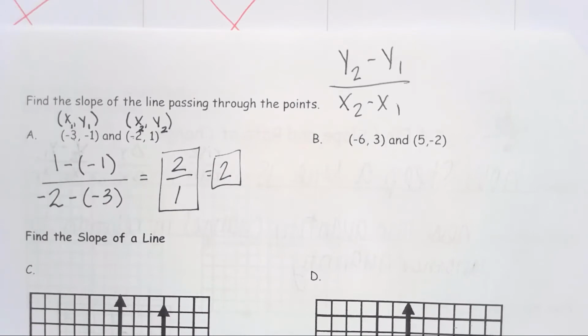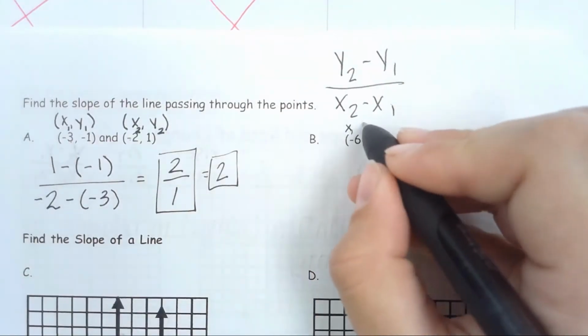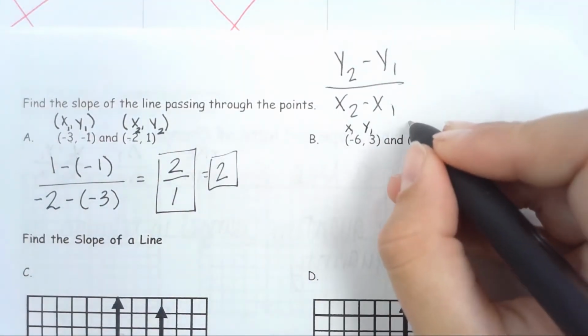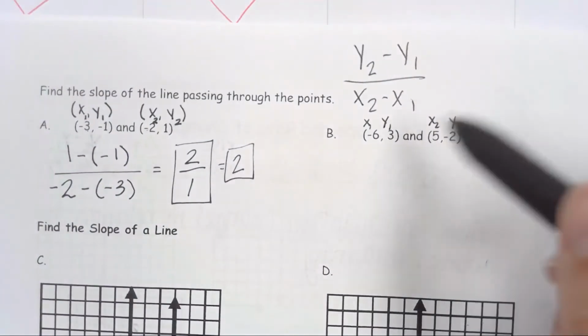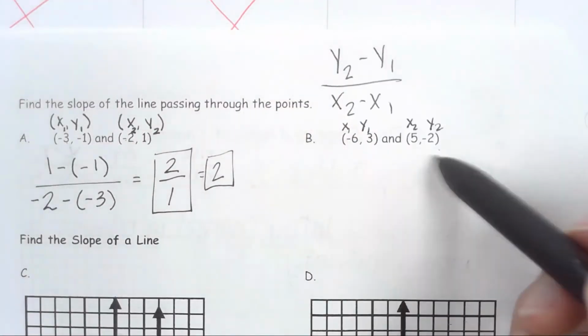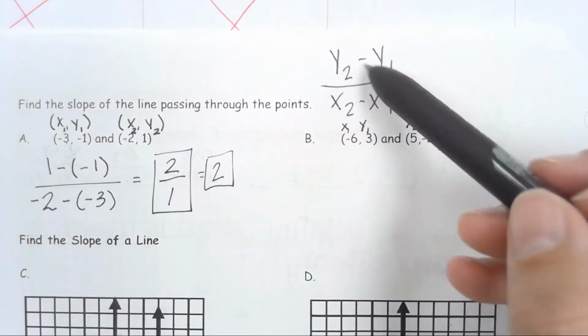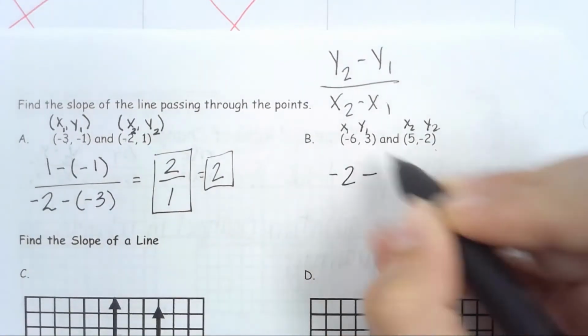All right, and then B, so again, if you don't feel comfortable with your x1, y1s and x2, y2s, put them at the top there because it does help with knowing what number goes in which position in our formula. So let's go ahead and do what we did here with A. So y2 minus y1, y2 was -2 minus y1, which was 3.